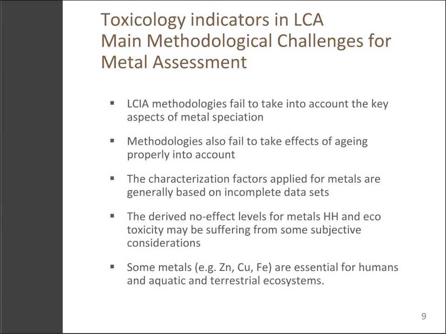What it means is that there are inorganic metal compounds that, because of the intrinsic properties of the metal itself, are more difficult to assess, as it is more difficult to assess the toxicology. These are the main key issues that still remain open. I will not go through them in detail. In my next slides, I will explain what we mean by speciation, aging, and essentiality.